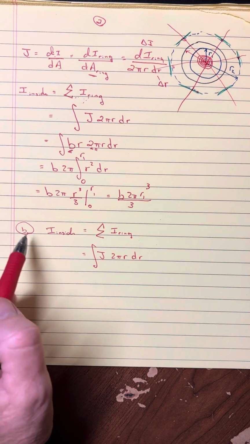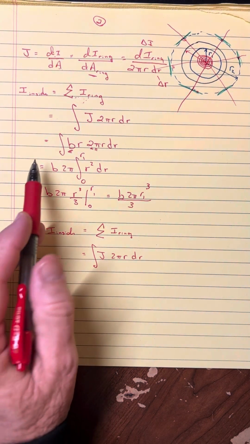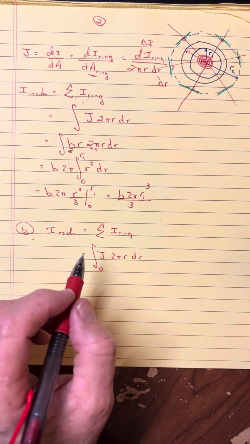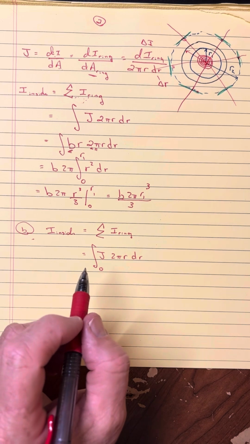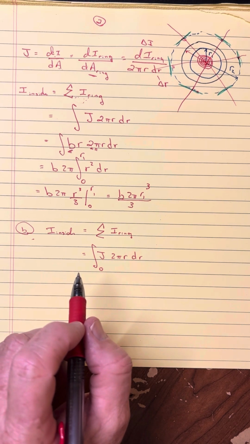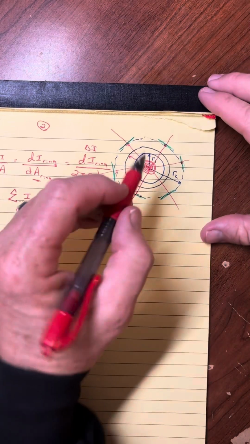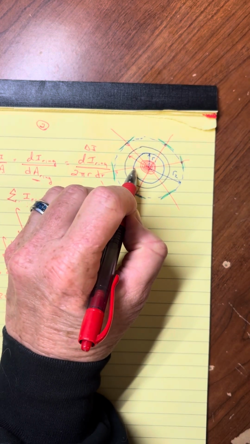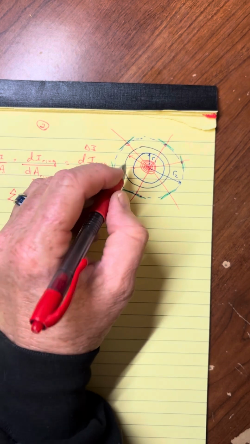Now, the one thing different in part B compared to A is, when I start adding my rings, back here in this picture, I would add my rings. And last time I stopped when I got to my ambient loop. Now I want to keep going till I get to the edge of the wire.